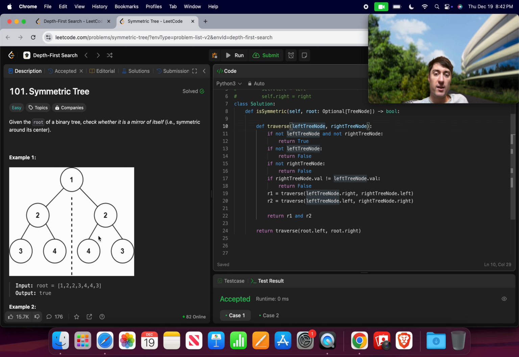And I also have the corresponding node of the right subtree. So now I want to check, okay, we'll do all of the nodes in this left subtree. Does the right path match this right subtree's left path?